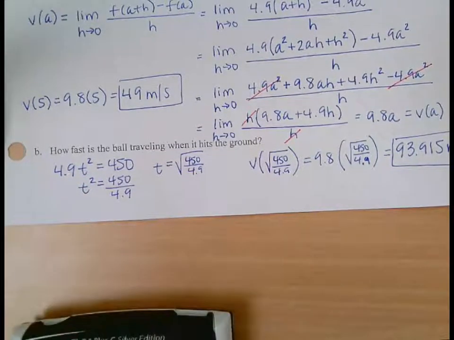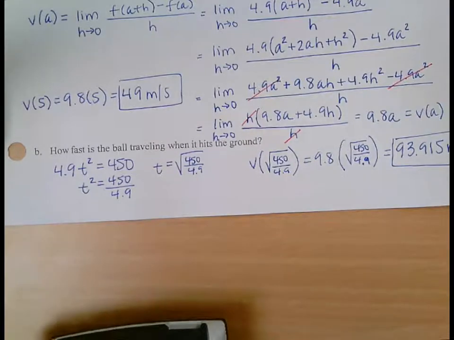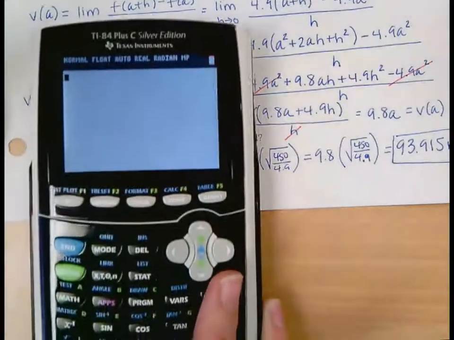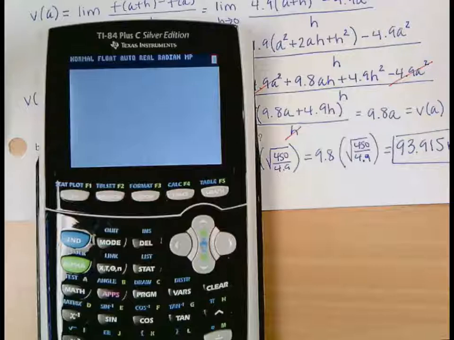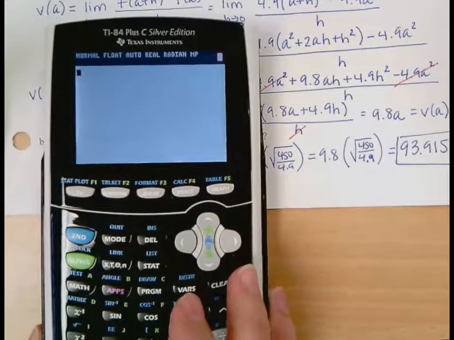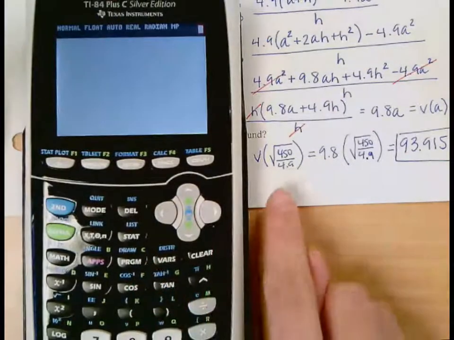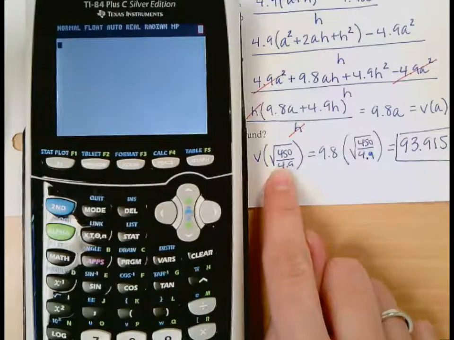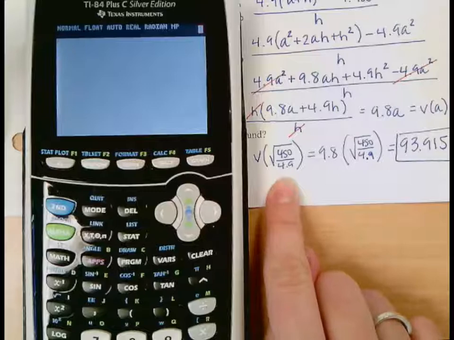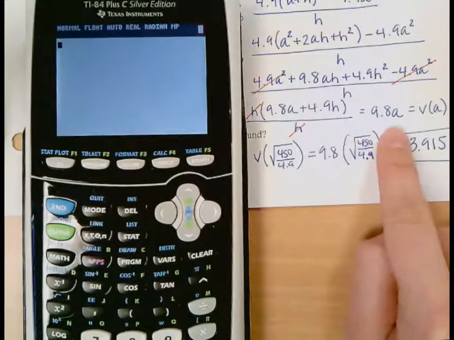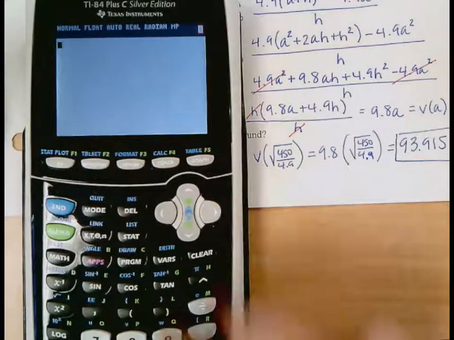Now, another thing you can do on your calculators. Has anybody ever stored a value on your calculator? Okay. So, even on your graphing calculator, if you haven't done it on your graphing calculator, another thing you could do is you could store what the square root of 450 over 4.9 is, and then just use that to substitute in and multiply by 9.8.